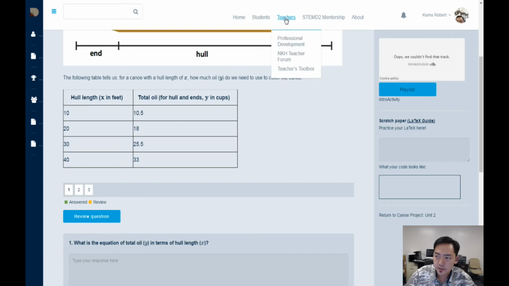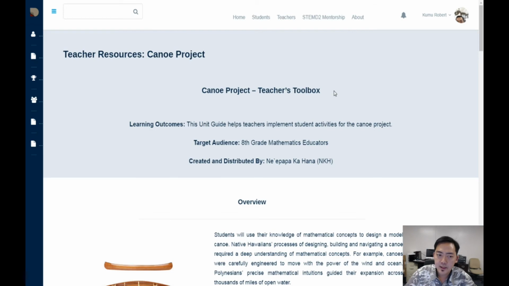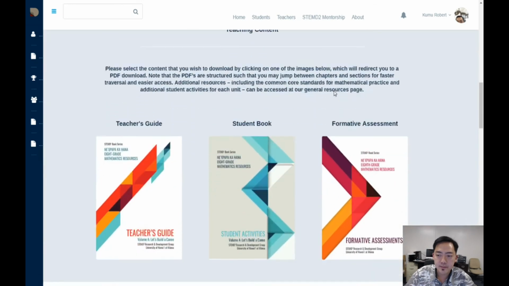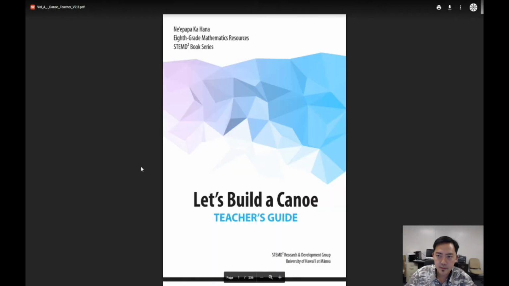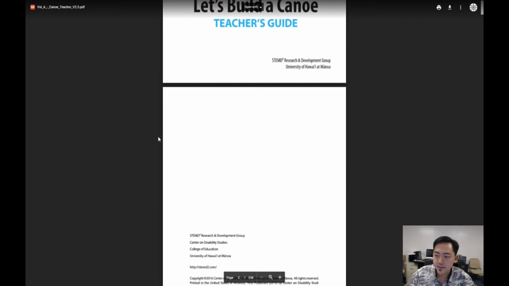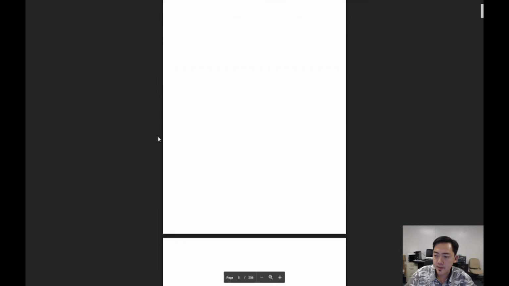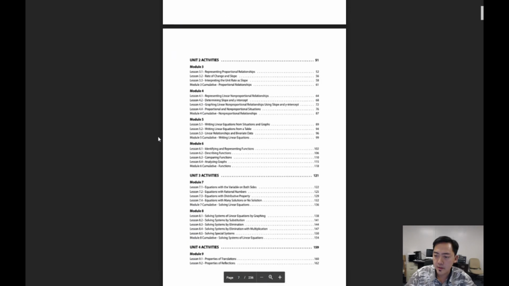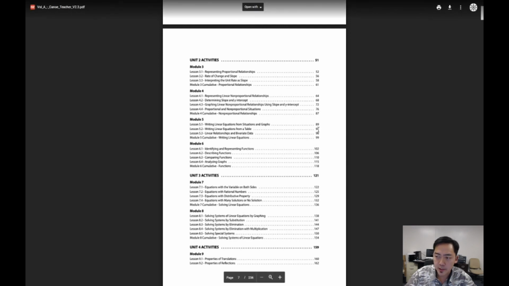Let's go to Teachers, Teacher's Toolbox, and Canoe Project. Now we're going to go down to the teacher's guide for the Canoe Project. Next, we're going to go to the table of contents. So here we see that Lesson 5.2 is on page 94.